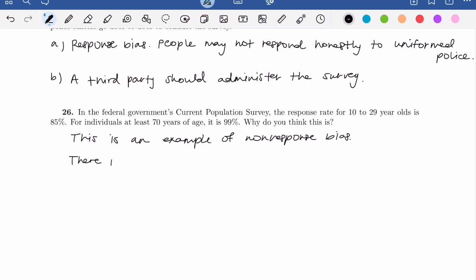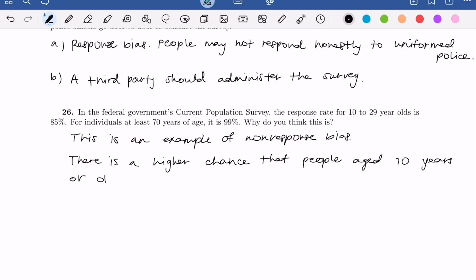There is a higher chance that people aged 70 years or older will be at home when an interviewer conducts this survey.